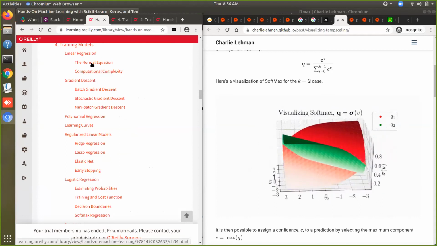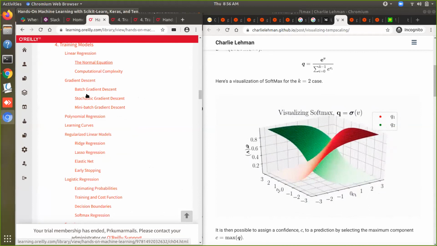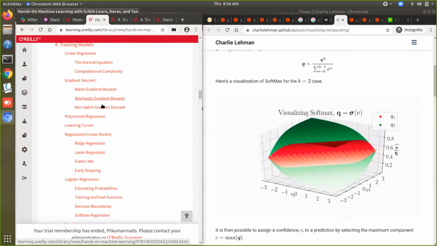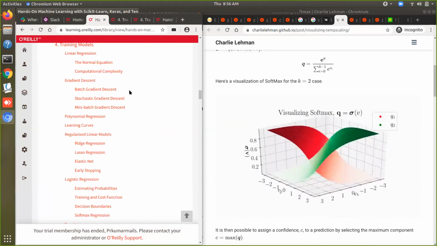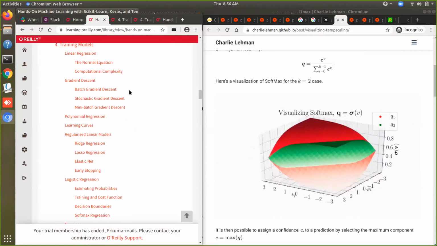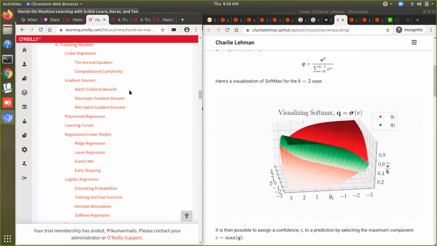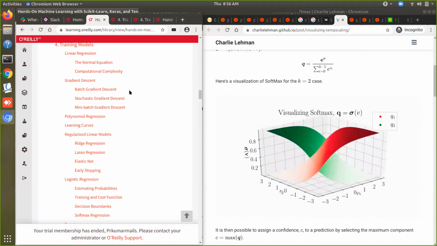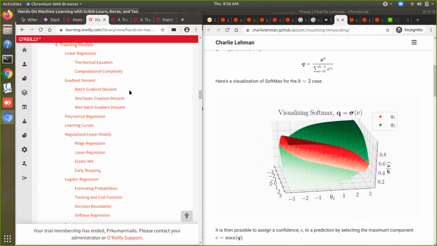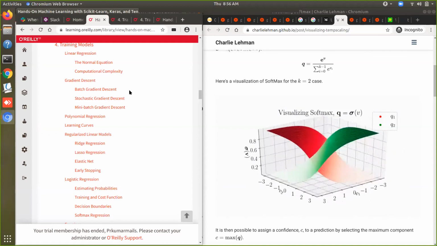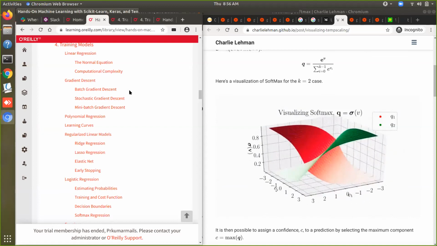Then instead of the closed form solution, we did something different, called gradient descent. It works by computing the gradient. Gradient is nothing but the rate of change of a function when we change something. If it is only one variable, we can see it as the slope of a line. If we consider multi-dimensional, then it is called the gradient.